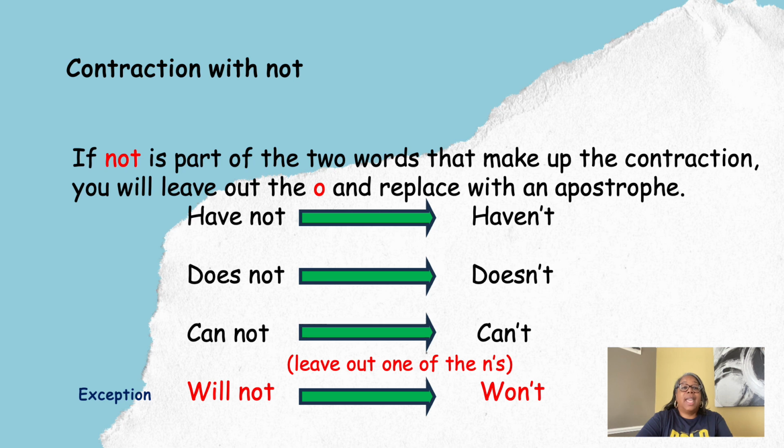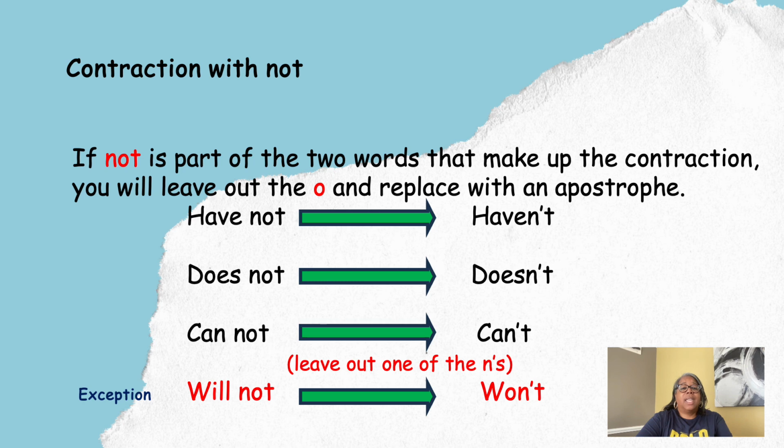Now let's look at the contraction using the word not. If not is part of the two words that make up the contraction, you will leave out the O and replace it with an apostrophe. The example, have not became haven't. Does not became doesn't.